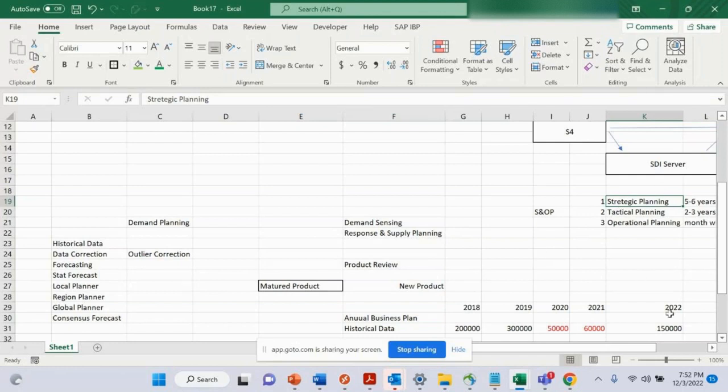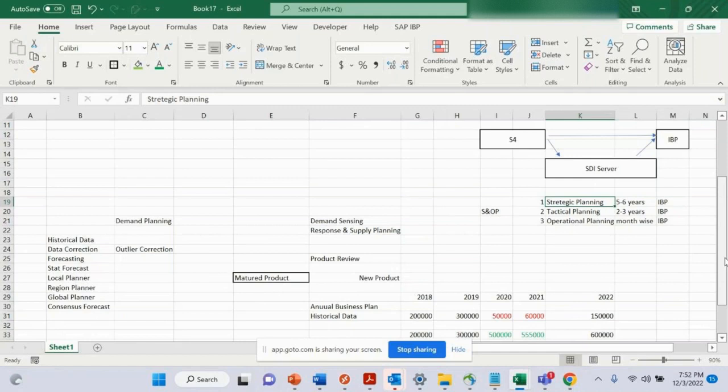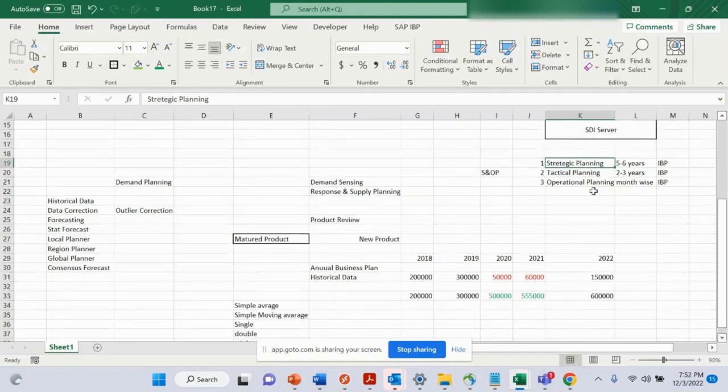When we are doing the strategy planning for the business for 5 to 6 years, we set certain targets. Because if you remember, I said that in strategy planning the leaders sit together and decide the target for the coming years, right? Both quantity wise and value wise.